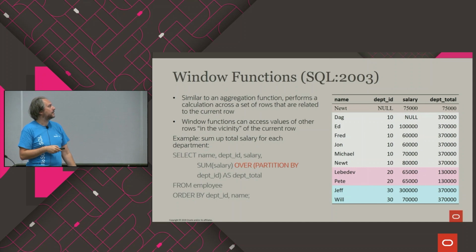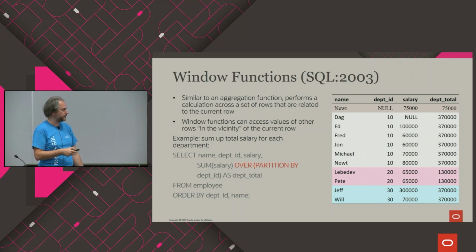It accesses rows in the vicinity of the current row. Here, I think it's a copy-paste from somewhere in the documentation, so you'll find several examples there. You'll find the total salary per department. It's repeated because it works like this.